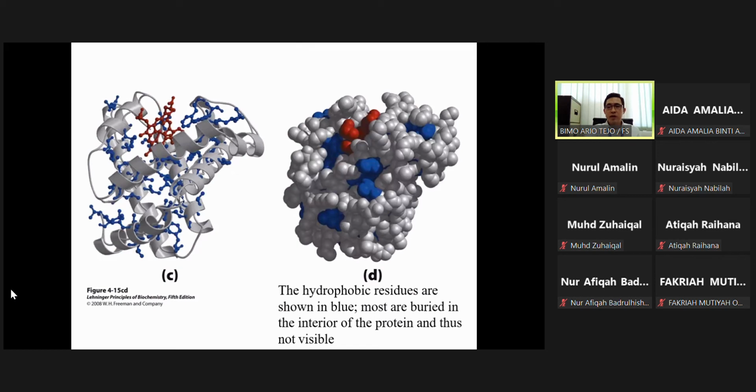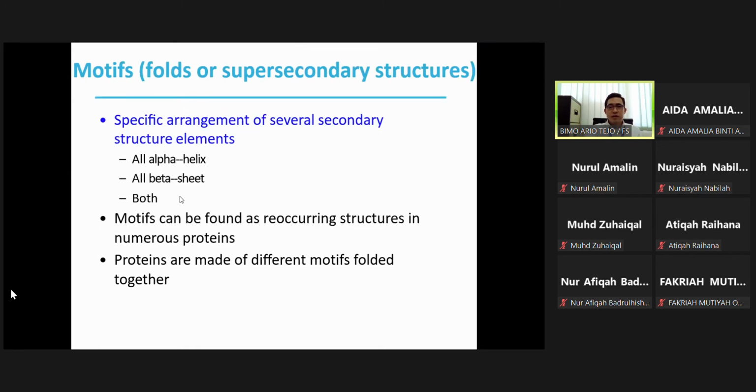So this is the structure of myoglobin in a different way of drawing. So if you have a big secondary structure, it becomes motif. So motif is called super secondary structure. For example, if you have a protein, all alpha helix or all beta sheet or both.